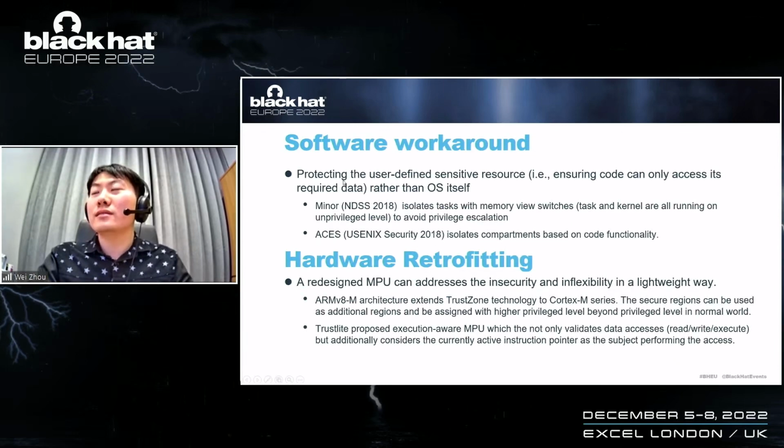So lastly, to protect the user-defined resources, we can also learn from the academic communities. For example, some research proposed to install the task with a memory view switch, which reduces the overhead incurred by the privilege switch, and can run the tasks and the kernel all under the unprivileged level.